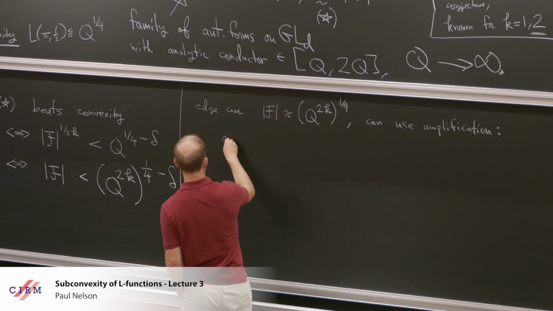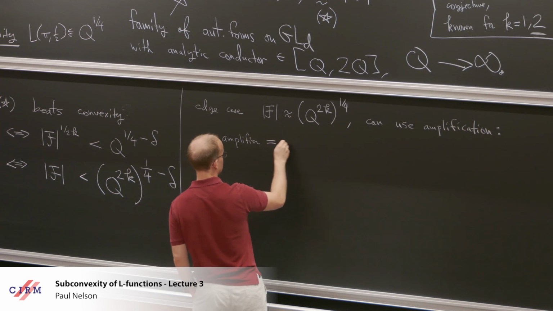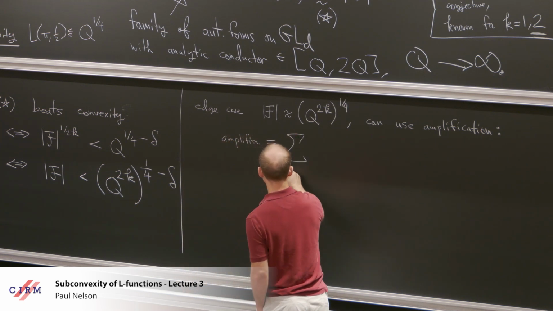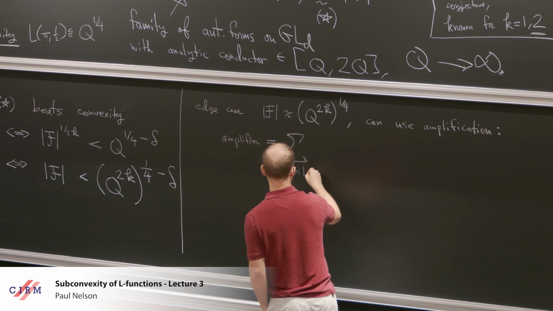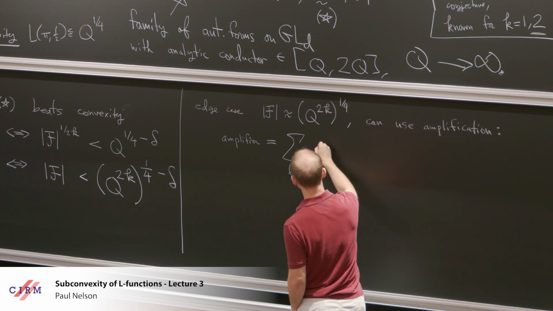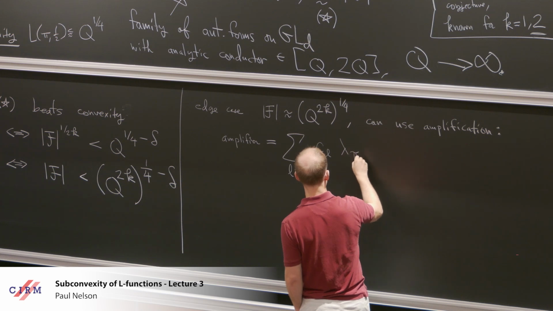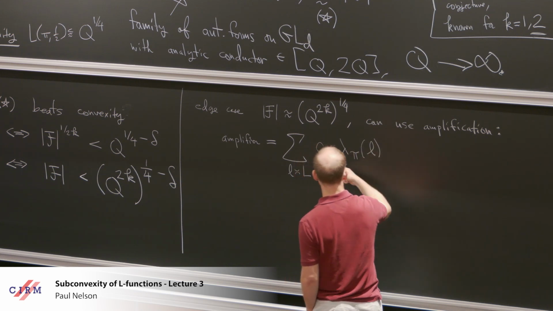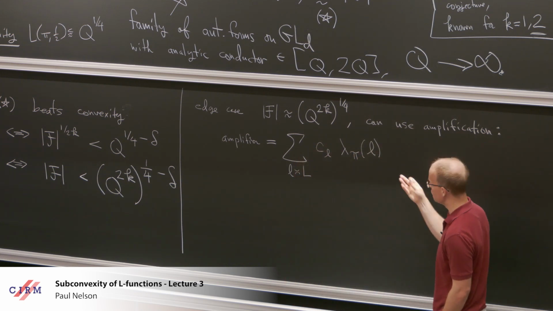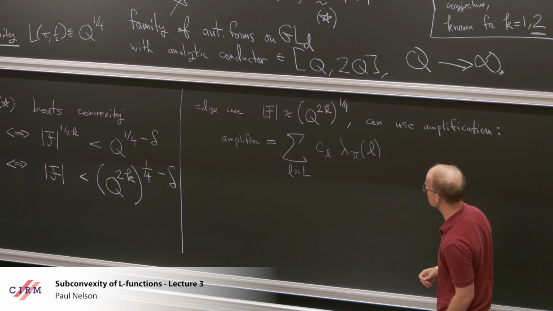So where an amplifier is some... okay, I won't say exactly what L is, but it'll be some sum with some kind of arbitrary coefficients weighting some parameters, so say Hecke eigenvalues or coefficients attached to the pi that you're summing over.